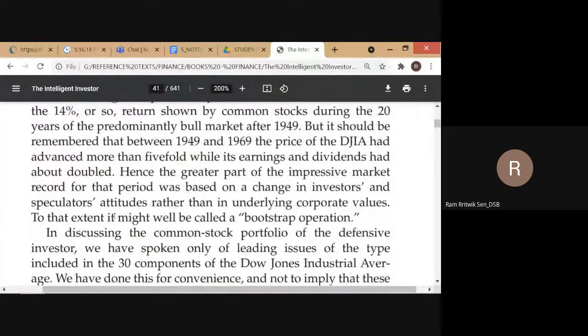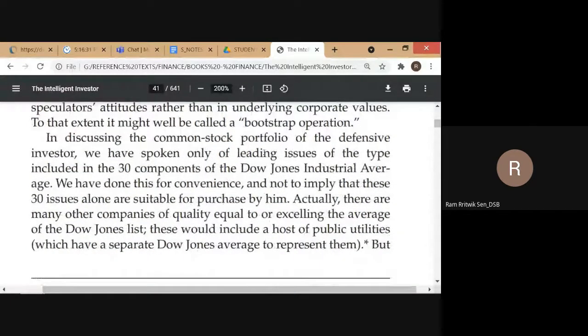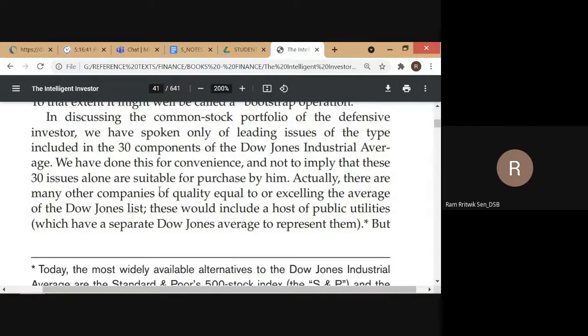He's talking about what kind of returns have historically been possible, what is a realistic rate of return, etc. Okay, so he's talking about what kind of stocks you can invest in.